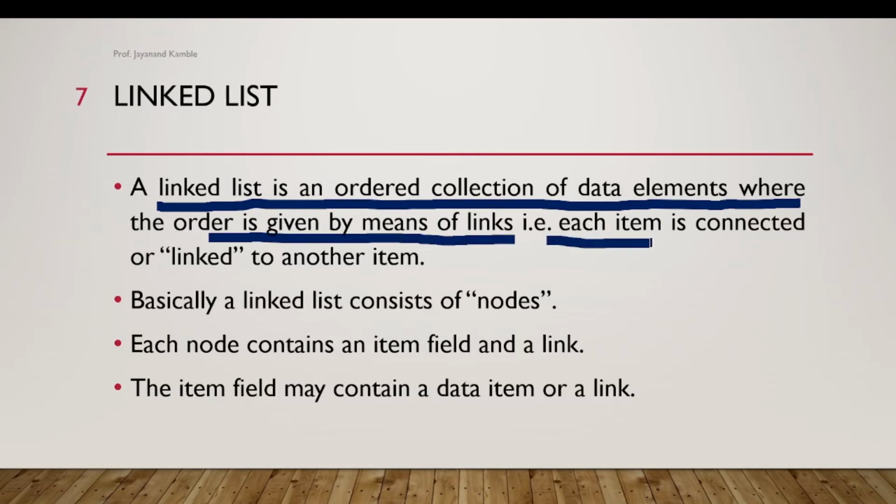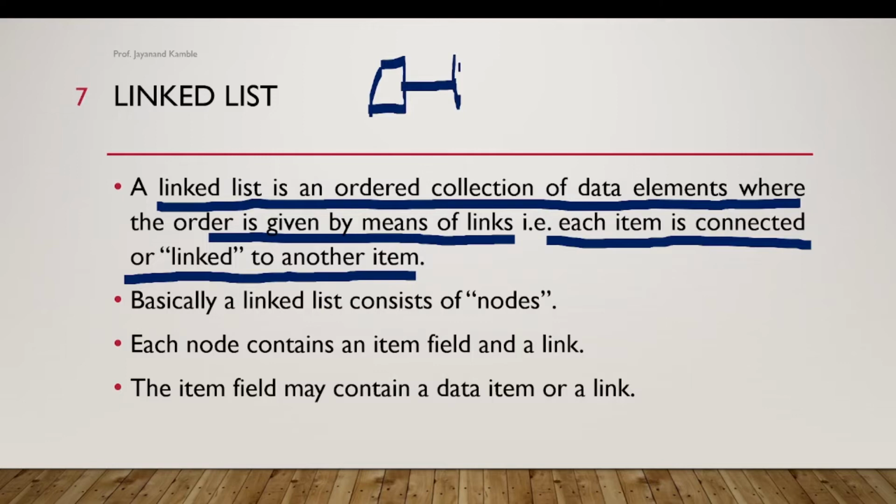That is, each item is connected or linked to another item. That means we will have element number 1, which is linked with element number 2, then element number 2 is linked with element number 3, and so on. This is the idea of a linked list.